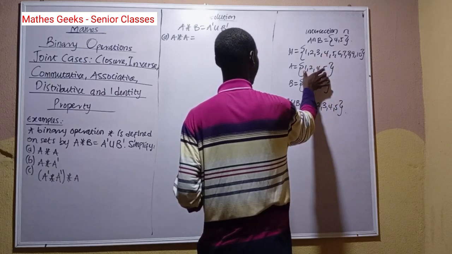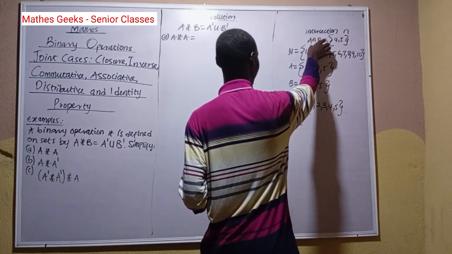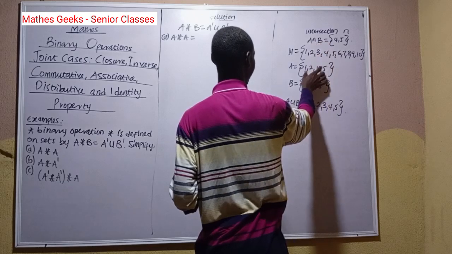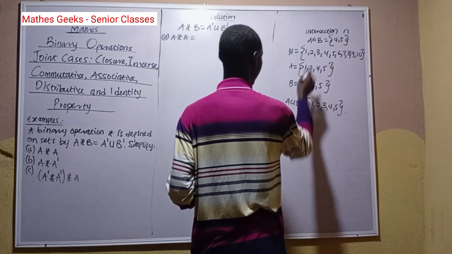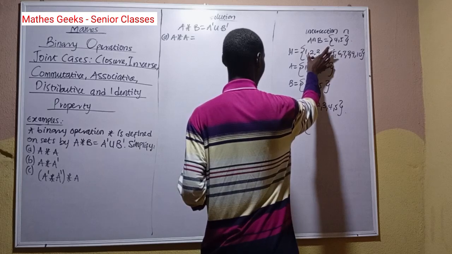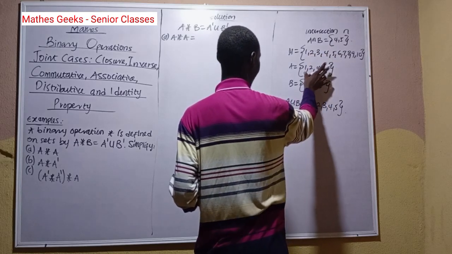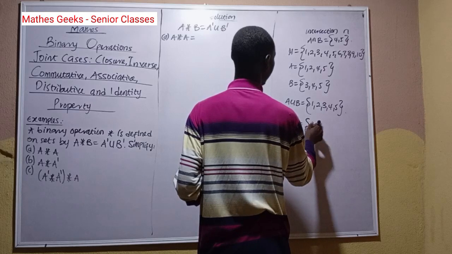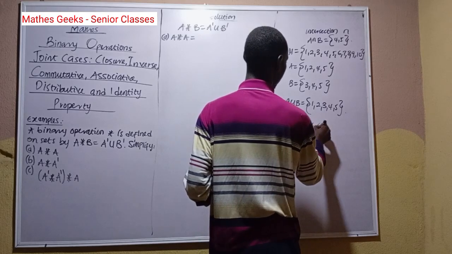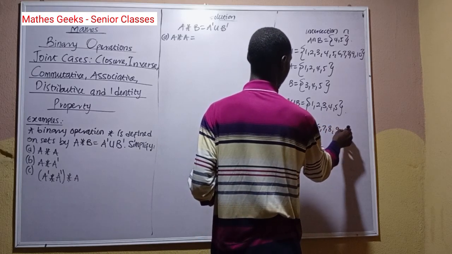So the elements in the universal set that are not contained in set A constitute the complement. We may call this A complement, which are 3, 6, 7, 8, 9, 10.